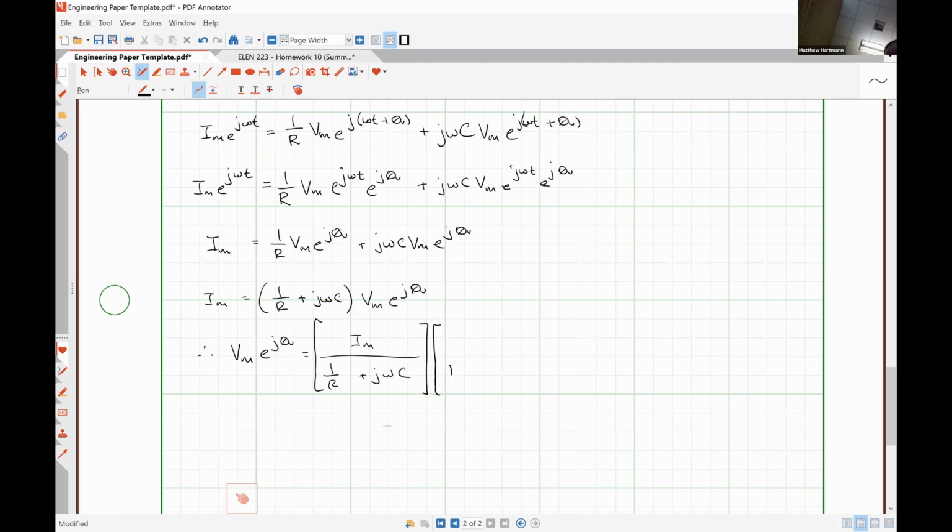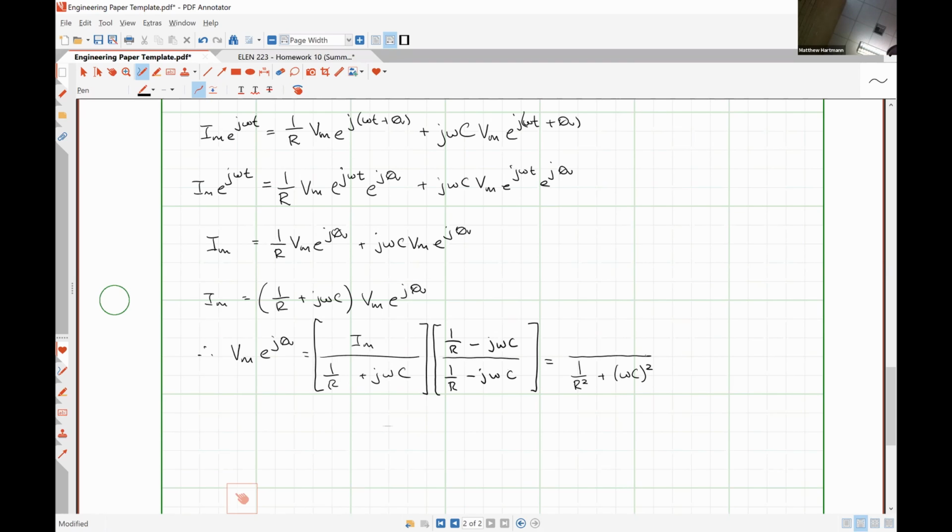So that would be 1 over r minus j omega c, and I'm going to multiply the numerator by that same amount. So I'm multiplying by 1, but just in a weird way. So what's going to happen to my denominator here? It'll become 1 over r squared plus omega c squared. Exactly right.